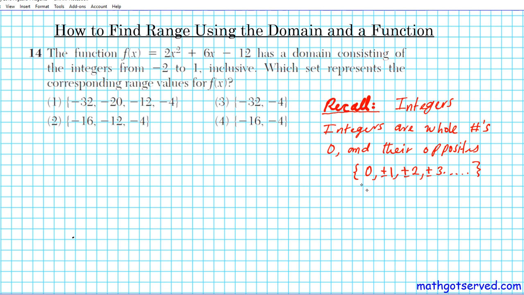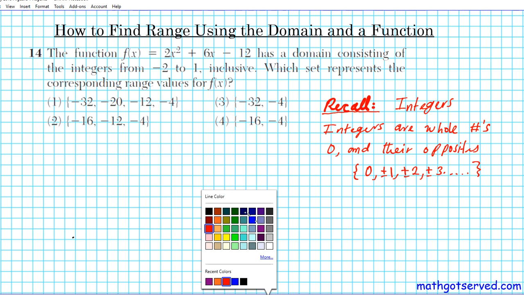Now let's also note something that we have to do when you're writing elements of a set. When you're writing elements of a set, remember that you do not repeat elements, and you order them in increasing order. Alright, so keep that in mind. Alright, so let's note that down.